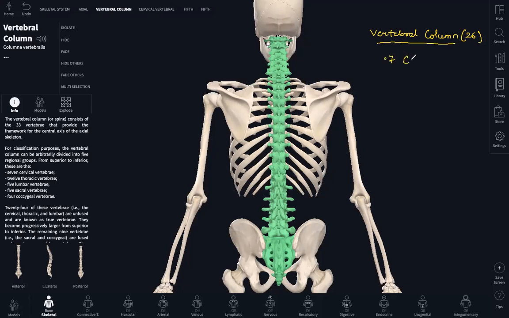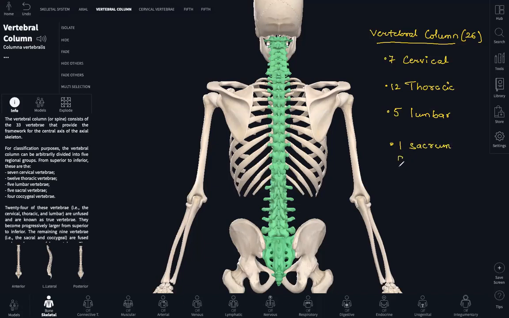First 7 are cervical, present in the neck region. Then you have 12 thoracic, 5 lumbar, 1 sacrum.